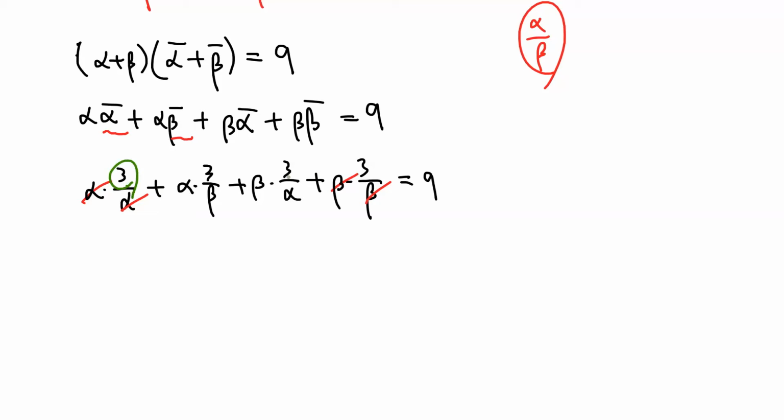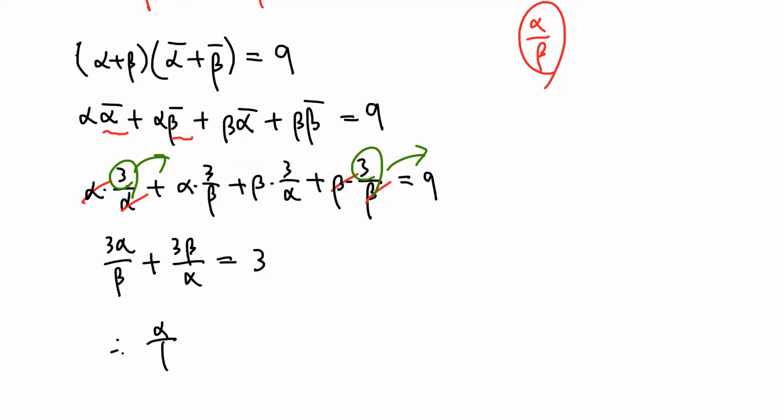So this term becomes 3 and this term also becomes 3, and we move all the constant terms to the right hand side, and we have 3 alpha over beta plus 3 beta over alpha equals 3.